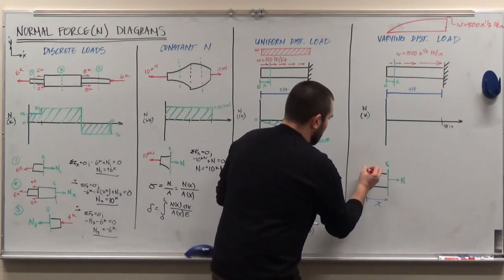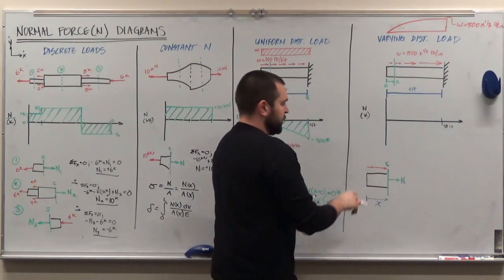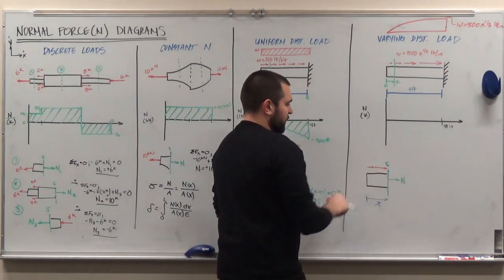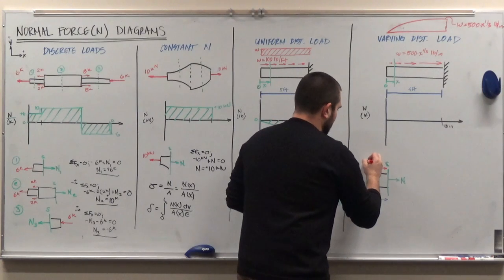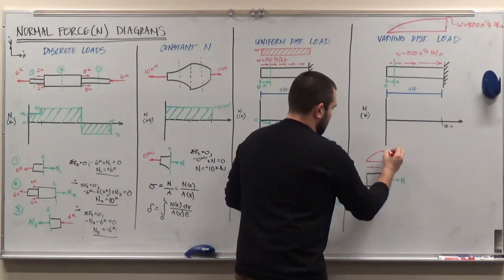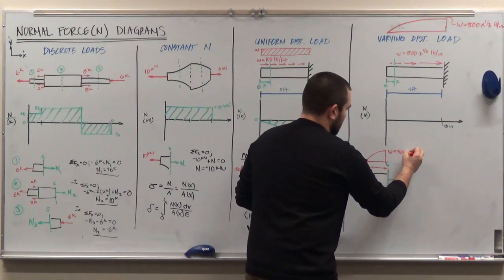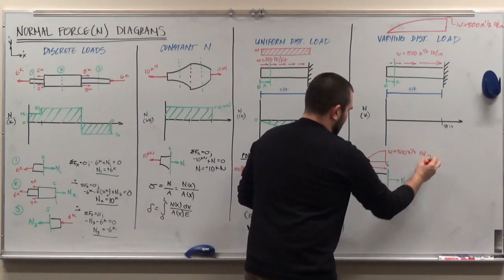And then we need to draw our distributed load here. And I'm trying to show it with the magnitude increasing as I go to the right. But again, this loading diagram looks like this, with w being equal to 500 times x to the 1/3 pounds per inch.